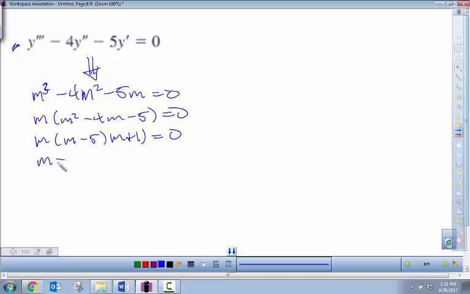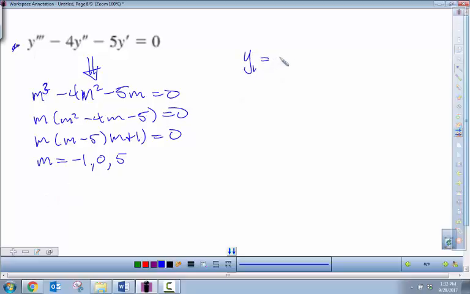So we have m equal to negative 1, 0, and positive 5. So we have three solutions, and so you can imagine that your fundamental set will have three different functions. It's a third order differential equation, so we should expect three solutions in our fundamental set.